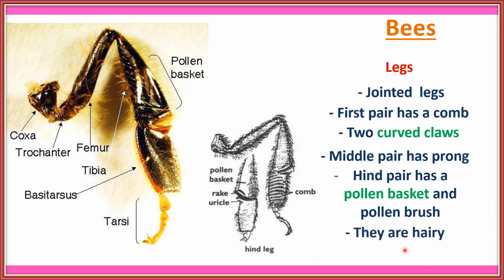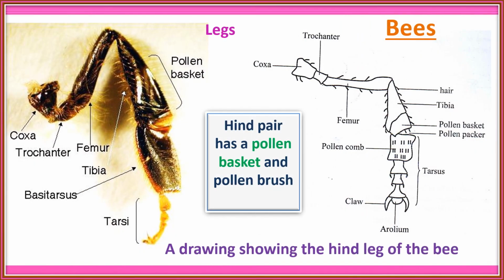They are all hairy. If you look at them, you will see that they have a lot of hair on the legs. The hind leg has a pollen basket and pollen sac. Here it has a pollen basket and pollen brush.